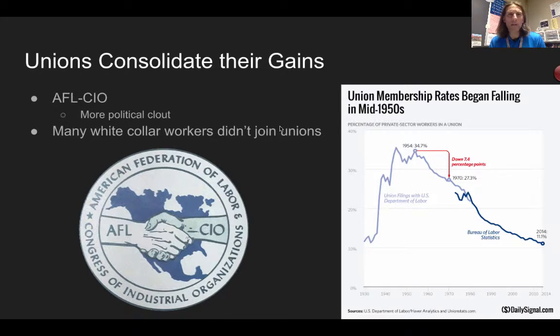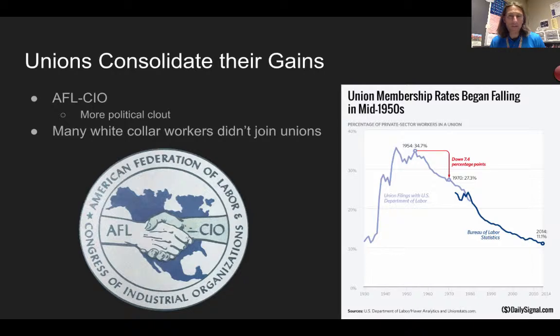The other thing that's happening is unions are going to grow through the 1950s. Really the peak is going to be the mid-50s, late 50s, and then we're going to see this slow decline in labor unions. And we'll talk about those trends throughout. The AFL was a separate union and the CIO was a separate union, and they're going to join together to give them far more political clout because they realize that there's power in numbers.